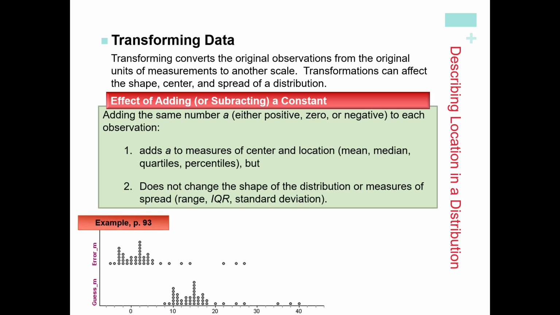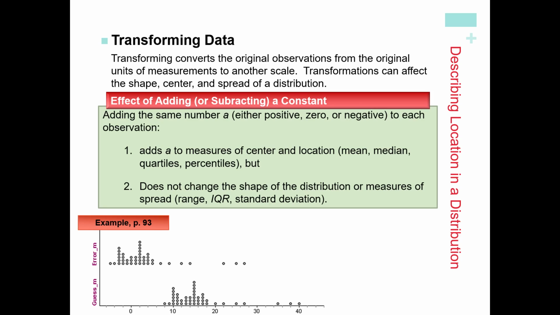I'm going to show you a visual for this, and it may help you understand. You'll notice that there's error m down here and then guess m. And what we've done with guess m is that we've just shifted error m up by, I'm going to estimate, about 10 to 15, whatever the units are there. And you notice that this shifts up all the positions of the points, right? So the minimum point shifts up.